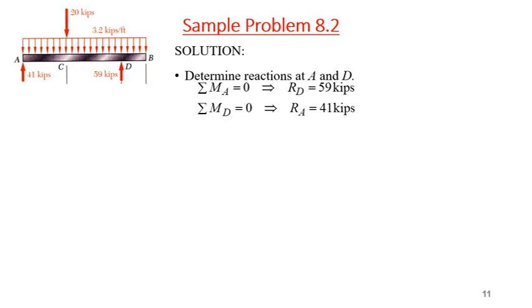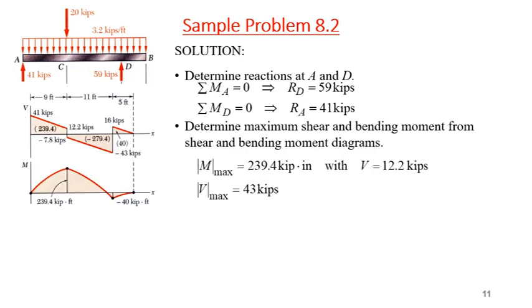So using the free body diagram, R at A is 41 kilopound force, and at D is 59 kilopound force. Okay, then we will draw the shear force and bending moment diagrams. So the shear force and bending moment diagram for this problem will be as shown over here. It will start from 41 kilopound and go to 12.5 kilopound.